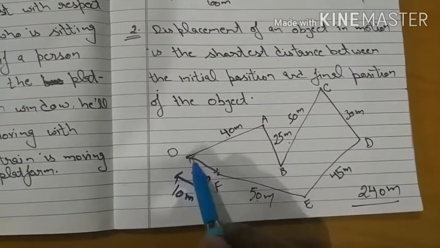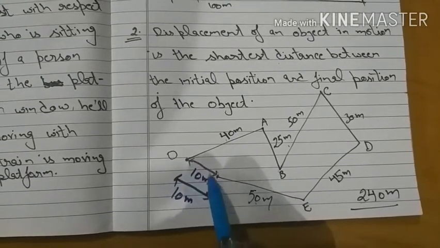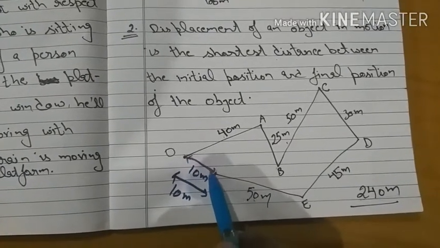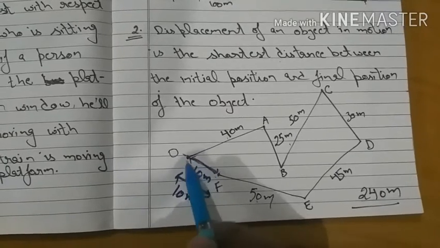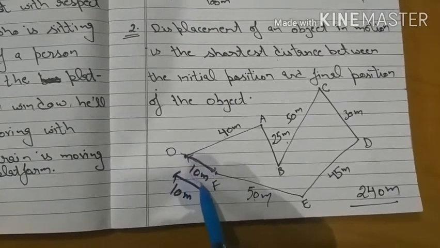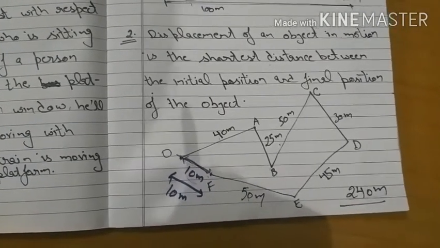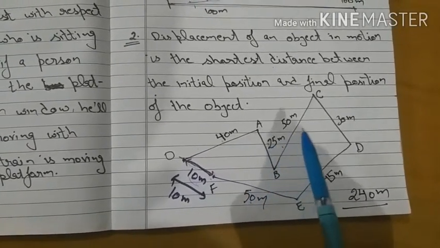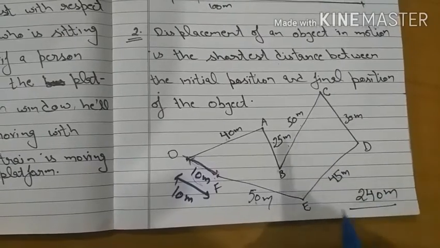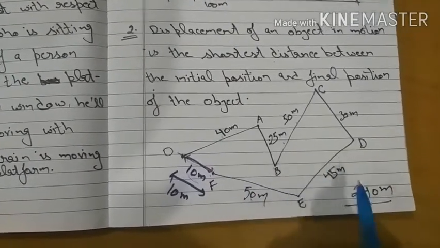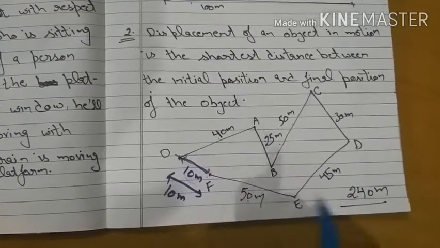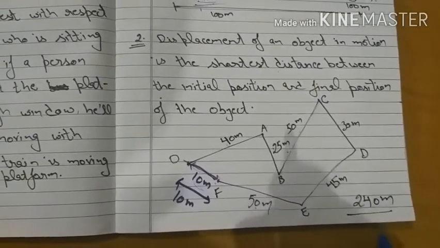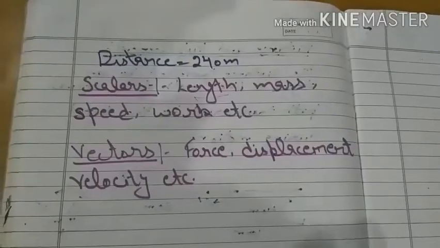But the shortest distance between the initial and final position will be that distance, and it is equal to 10 meter. So displacement in that case will be equal to 10 meter, but the total distance covered by the object will be equal to 240 meter. So that's the difference between distance and displacement.